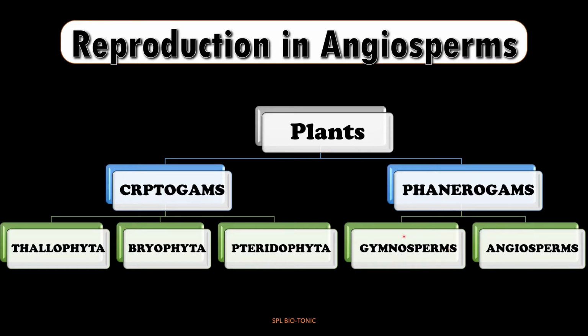Gymnosperms are the group of plants which produce seeds but fruits are absent. In angiosperms, the plant shows well-developed flowers, fruits, and seeds. So in this video, we'll talk about various parts of the flower.